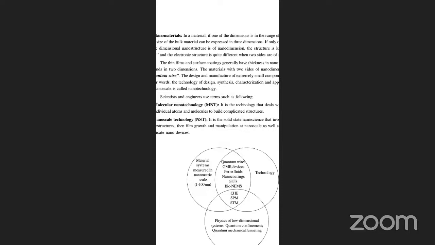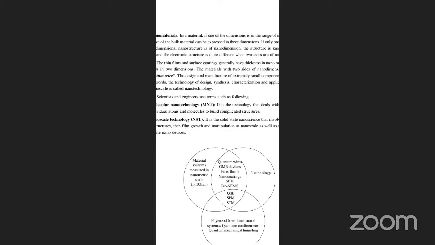When two sides are of nano dimension, the electrons have larger freedom in the remaining dimension. The material with two sides of nano dimension is known as quantum wire.